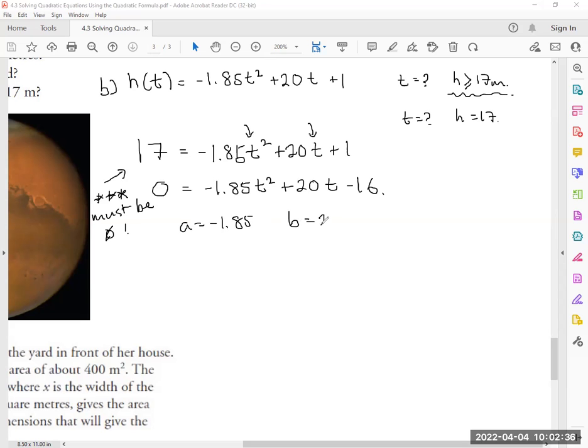My B value is 20. And look how this is different than part A. Your C value is a negative 16, not a +1. So it's slightly different. But remember, in part 1, this was 0.09, and that was 1. What was it again?